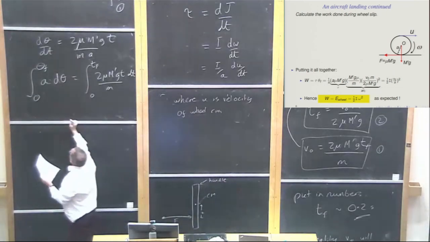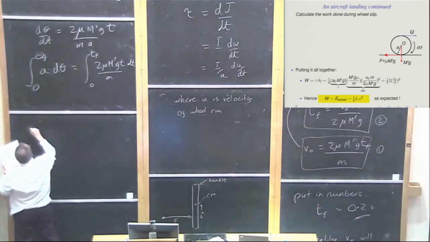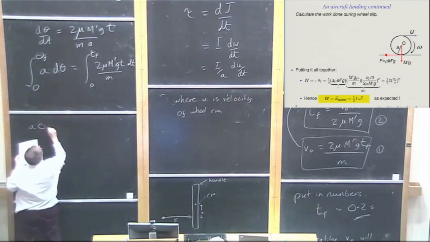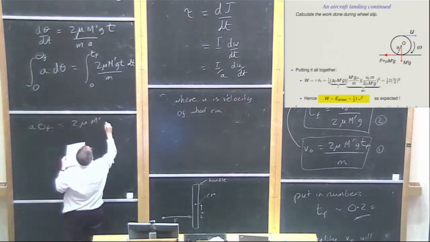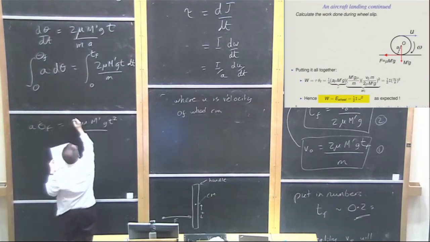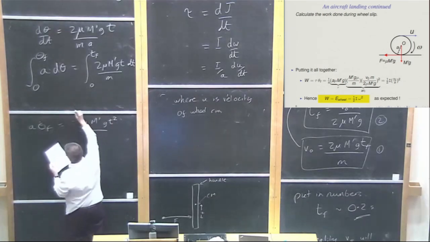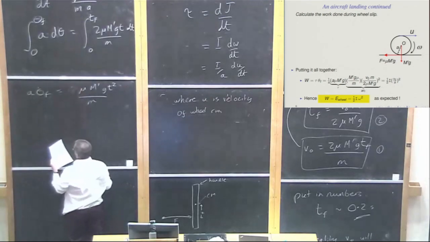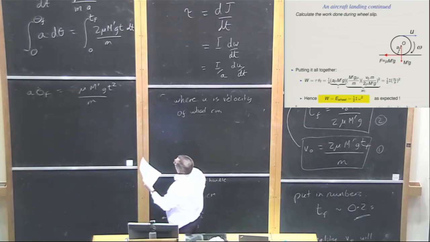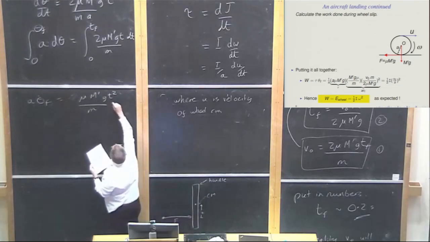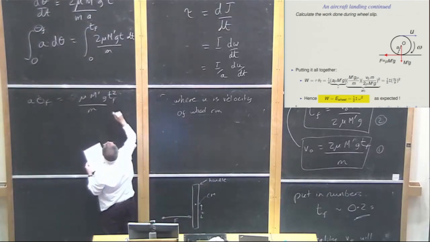Okay, so we end up with a theta f is 2 mu m prime g t squared over 2m. So actually, I'll get rid of that 2 there. And this t is tf, right?